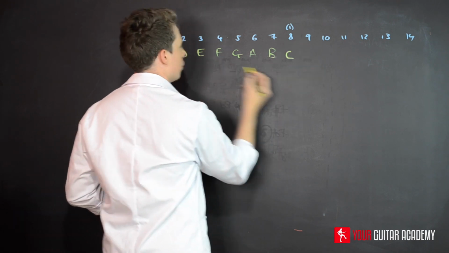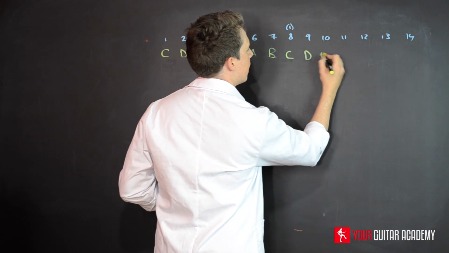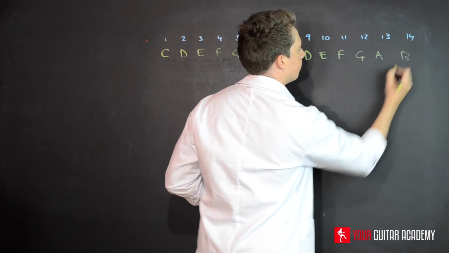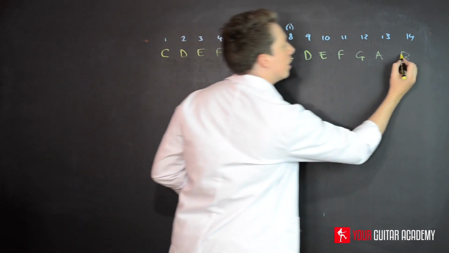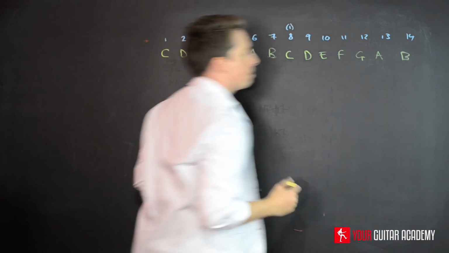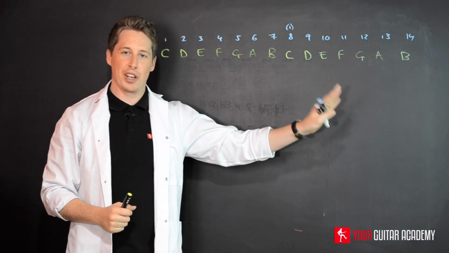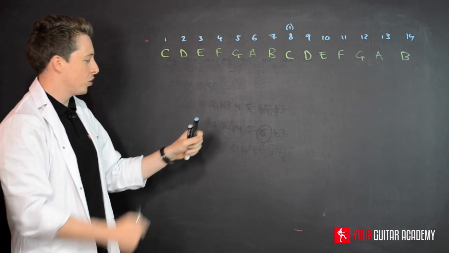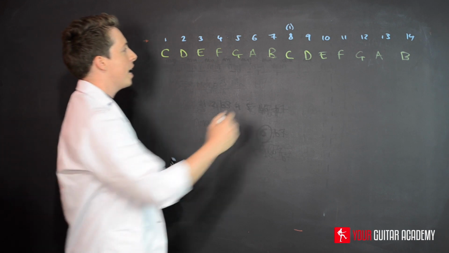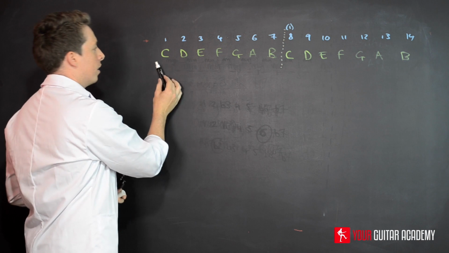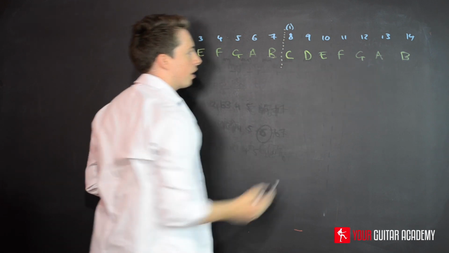So 9 is kind of like the 2: C, D, E, F, G, A, B. So we still have the C major scale, same scale, except we've done 2 octaves. If I pop the divide there, it's the same notes on either side, okay?